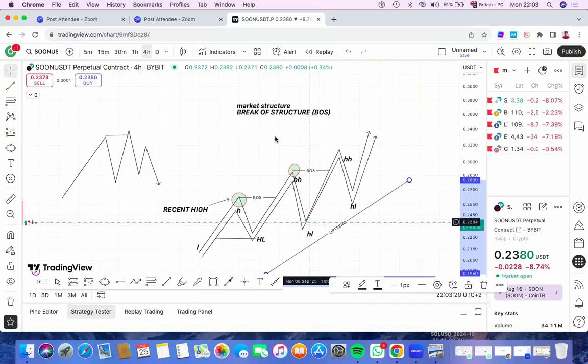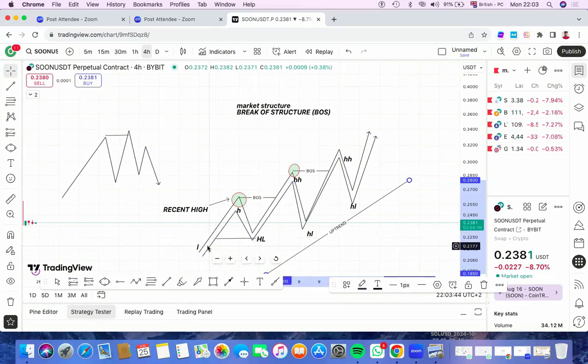Someone typed 3. Yes, recent low. This now will be the recent low from this high.